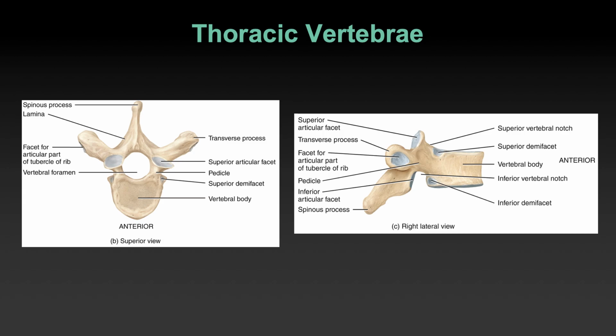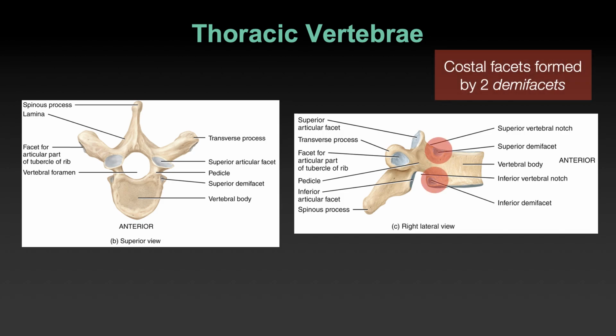If we zoom in a little bit, we can get a bit more detail about the facets. It's fairly clear the facet where the head of the rib attaches on the backside of the transverse process. That's not in question. What's a bit more difficult on this example specifically is where does the tubercle articulate? There are 2 demi-facets that make up the articulation point of the tubercle of the ribs. That is, the tubercle doesn't attach to the body proper.